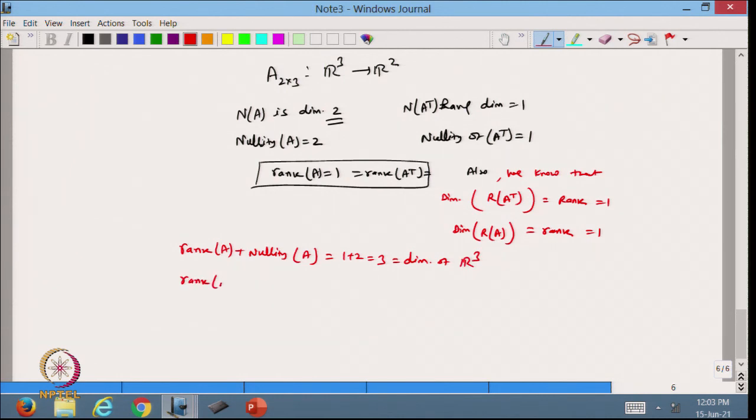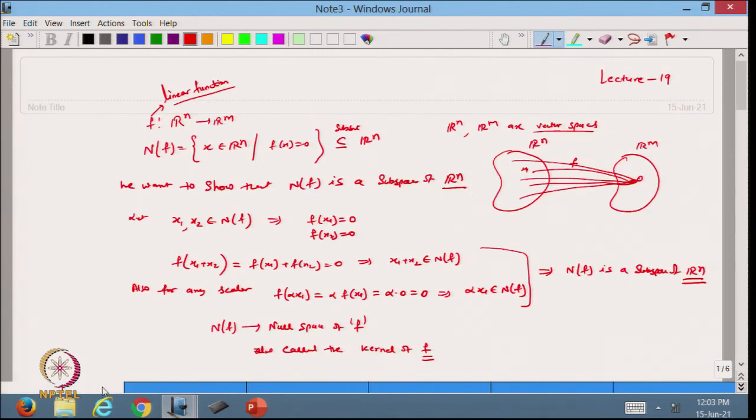Also, the rank of A transpose plus the nullity of A transpose. The rank of A transpose will be the same, and the nullity of A transpose we have just seen is equal to 1. So, that is equal to 2, and that is the dimension of R2.